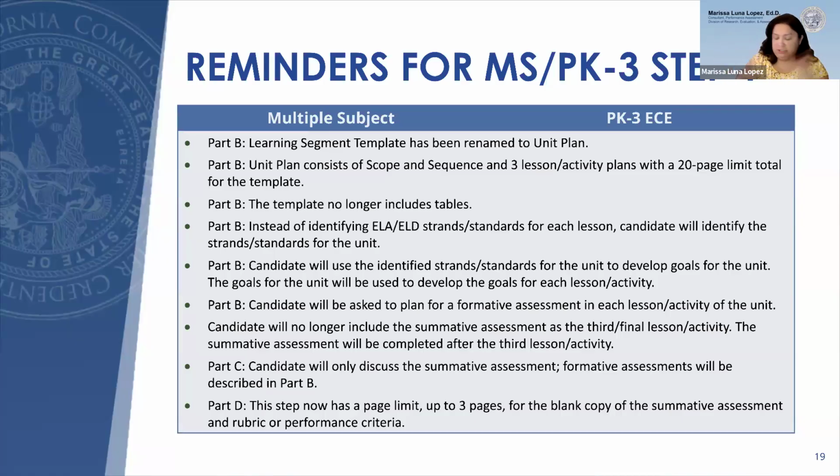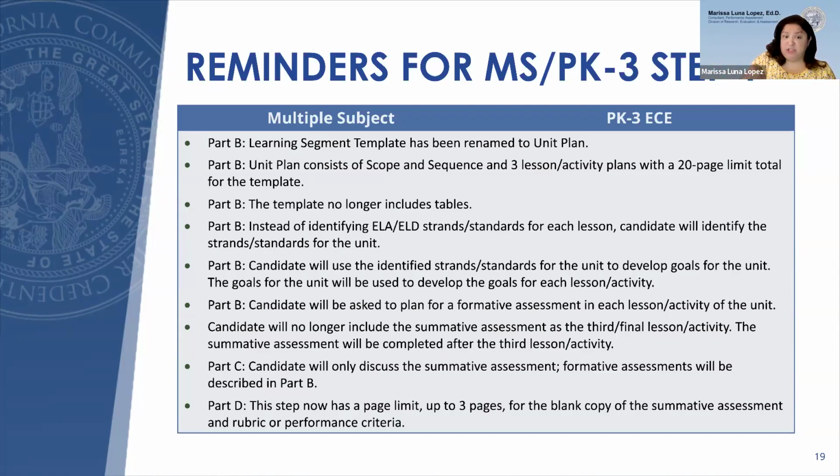Maybe they're going to integrate some fine arts in there too. So the goals for the unit will be that they're able to complete this summative assessment. And the 3 lessons are what are going to build towards that summative assessment.